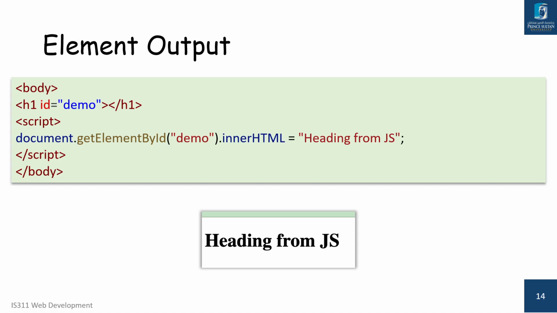If you look at that, in the body I have written an h1 tag and said id is equal to demo. By default, there is nothing inside the h1 tag. The h1 tag exists, but we didn't write anything in it. But through the JavaScript, I am writing something inside the h1 tag, and then it will show me that heading. Is it clear?